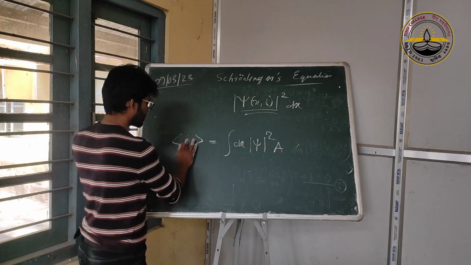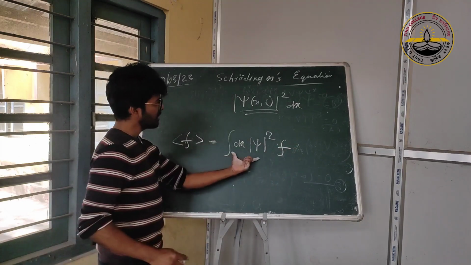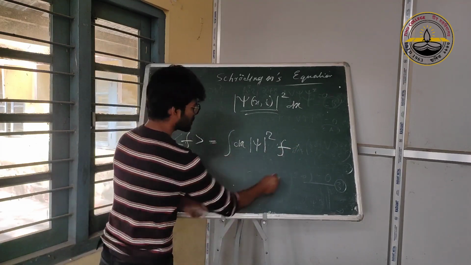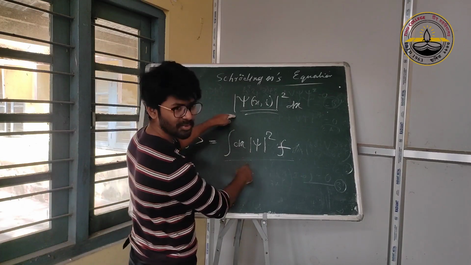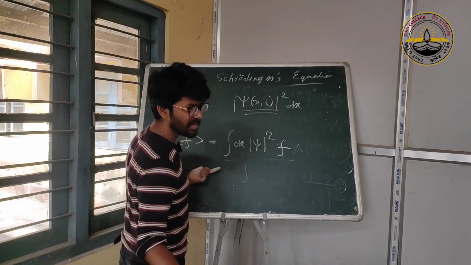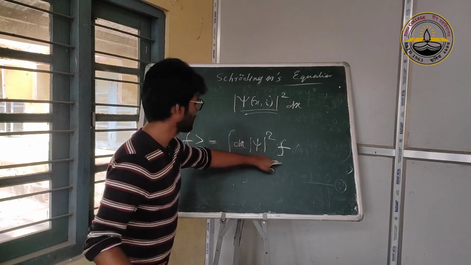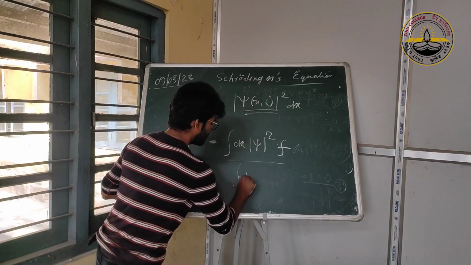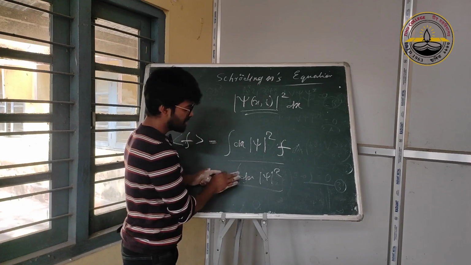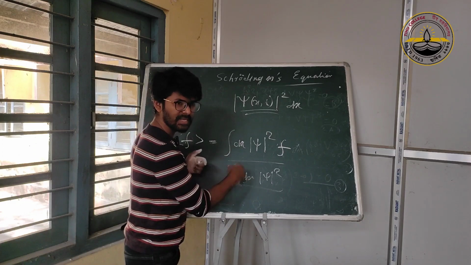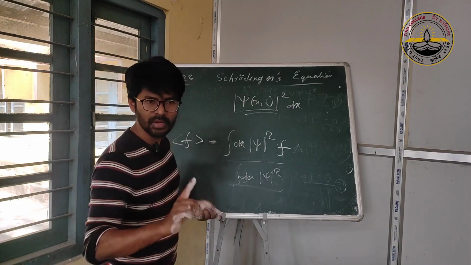Let's call this some function, let's say f. So this is what probability density f, of course divided by again, the integral dx mod psi square, but we just set this equal to 1. So the denominator is 1. Once you normalize, you don't have to always do the denominator, because you calculated it already and set it to 1 by choosing a constant in front, so you don't have to worry about it.